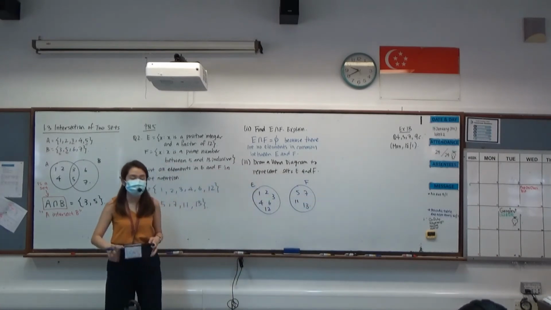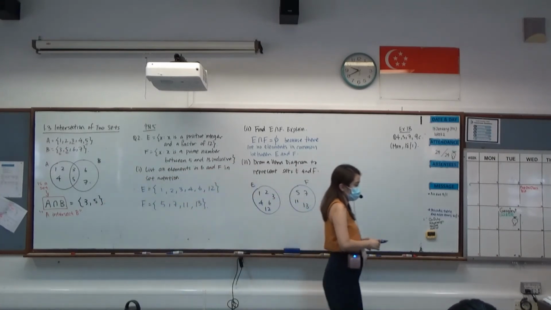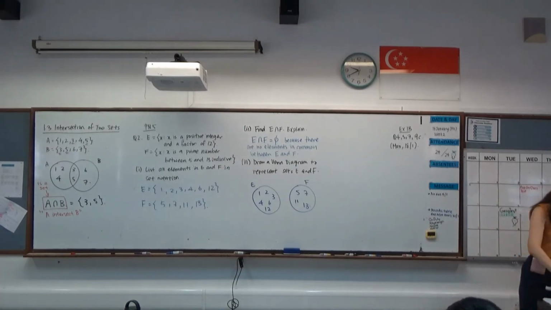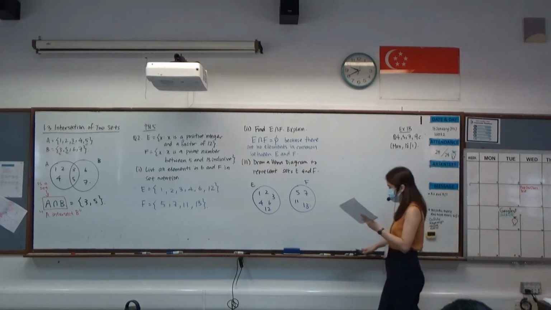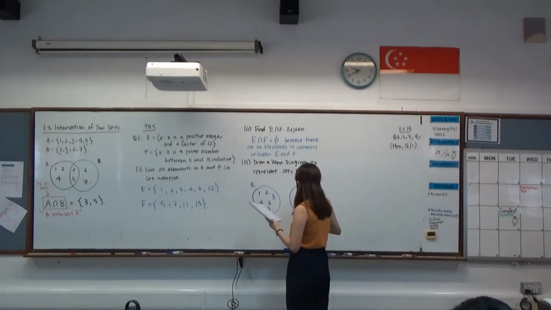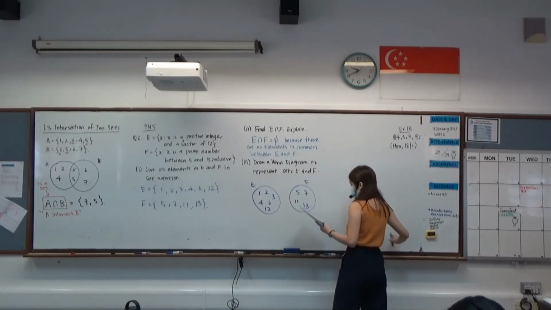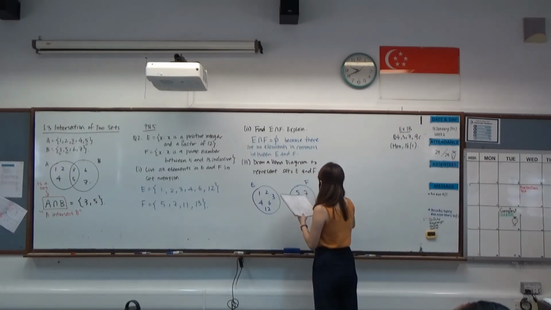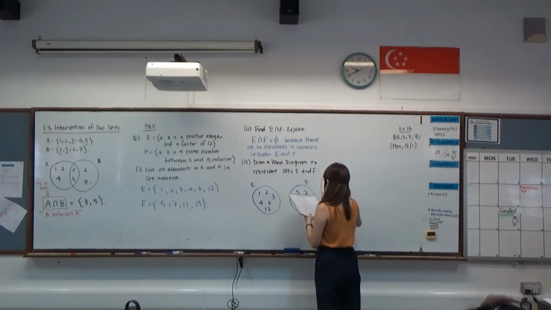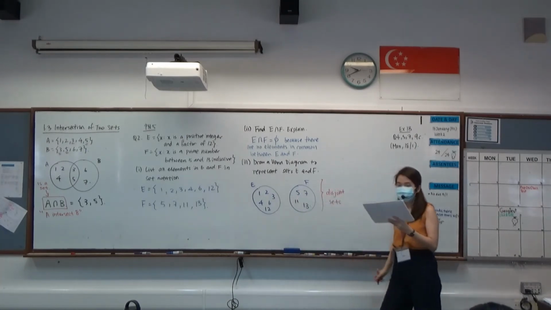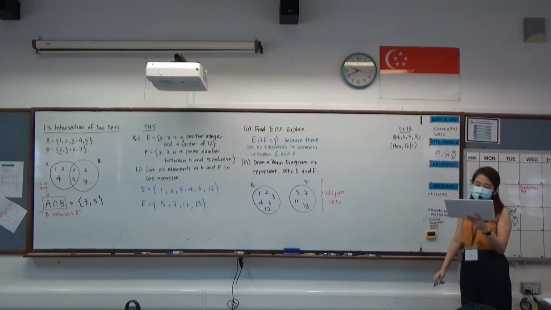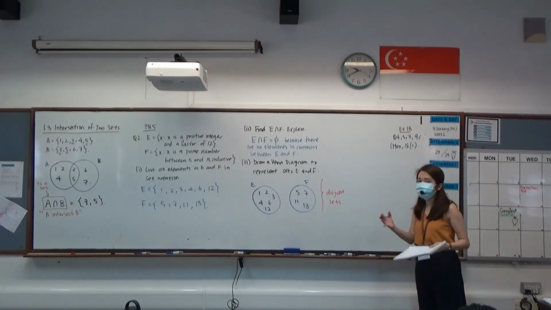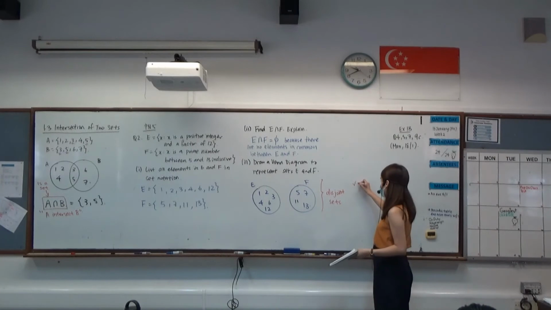So this is what we call disjoint sets. Disjoint sets are basically when two sets have nothing in common.